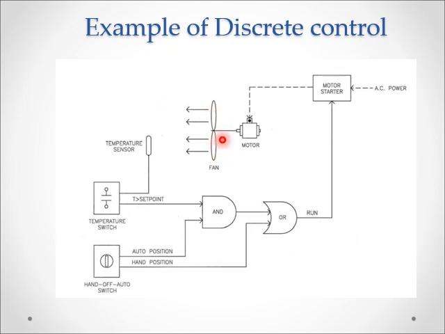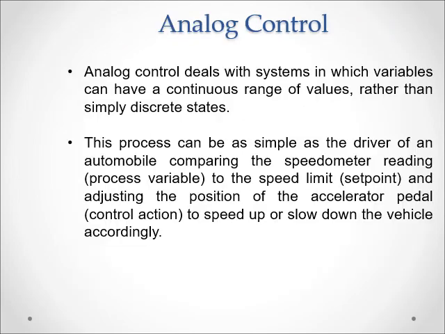So basically, if the sensed value and the set point are not the same, then it will cause the system, the fan, to turn on. So this is basically simple on-off control of the fan. It is not a continuous control. The fan speed is not continuously getting monitored and controlled. Rather, the fan is either turned on or off.